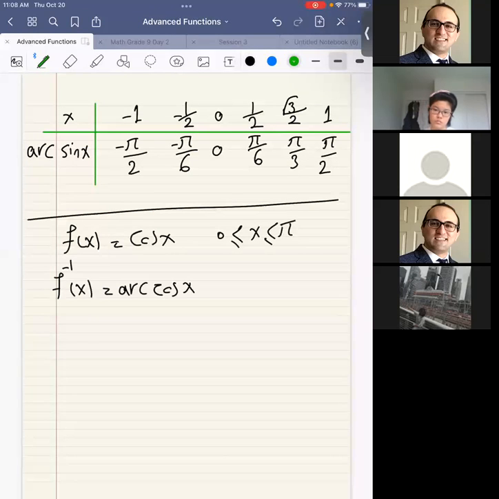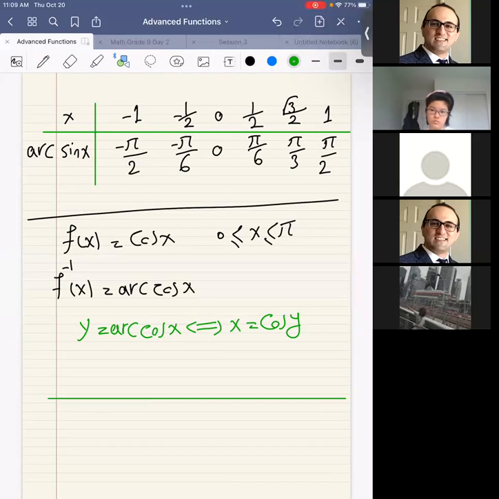And by definition, y is equal to arc cosine of x if and only if x equals cosine of y. So you can make a similar table for some values of arc cosine.